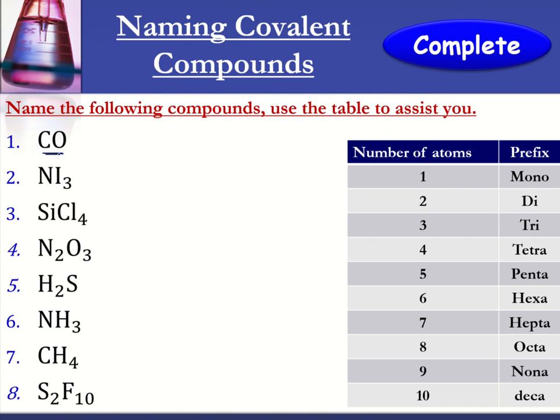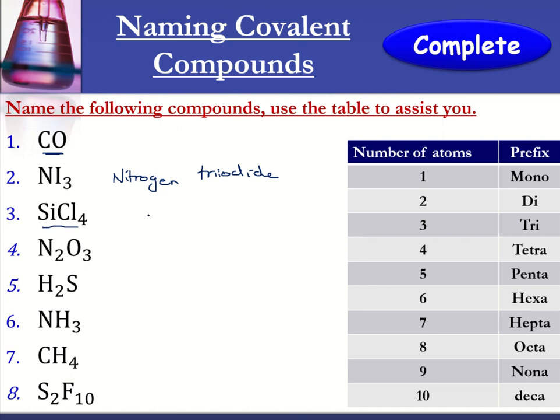So we've already done the first one. Let me go through some of these and let's see what names you can come up with. So here we have nitrogen triiodide. That is the name of the molecule we have here.